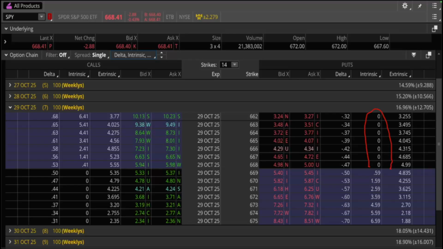It's the exact same, just opposite. As you get further and further into the money, the price increases, and as you get further and further out of the money, the price decreases. That is how you get the value of your options based off of time and intrinsic value. So intrinsic value is actual equity, and extrinsic value is just time.